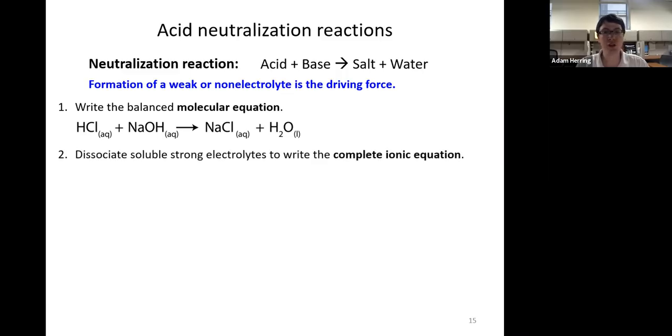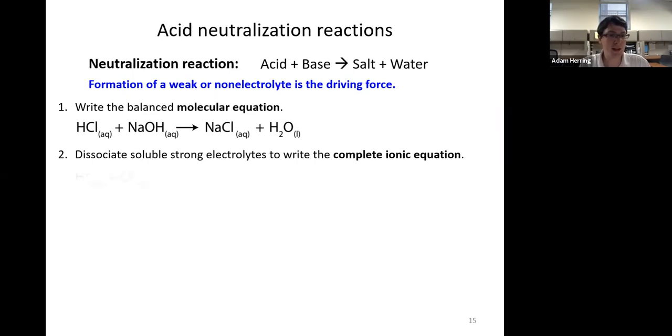Then we can dissociate any soluble, strong electrolytes to write out the complete ionic equation. Remember, solids, liquids, and gases are non-electrolytes. For aqueous solutions, you need to identify whether or not the compound is a strong electrolyte. So that's going to include our strong acids, our strong bases, and then any ionic compounds.